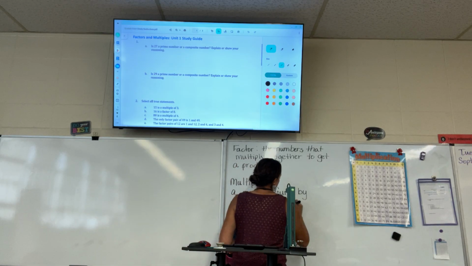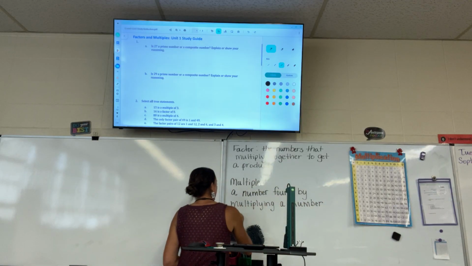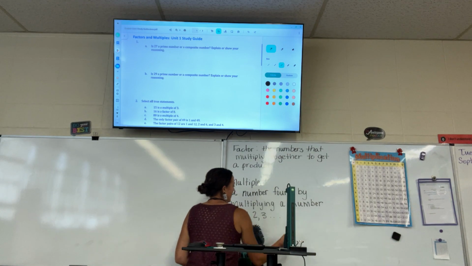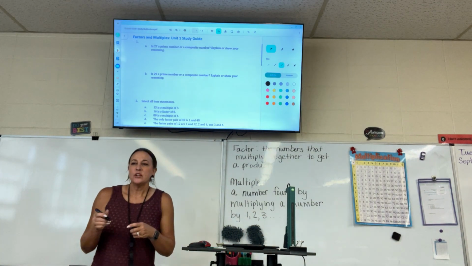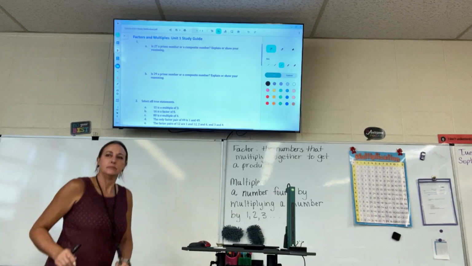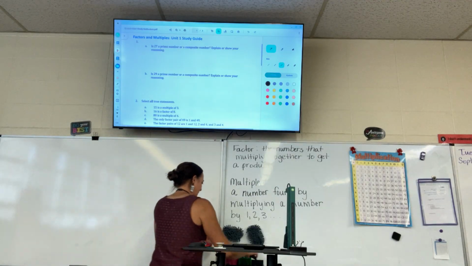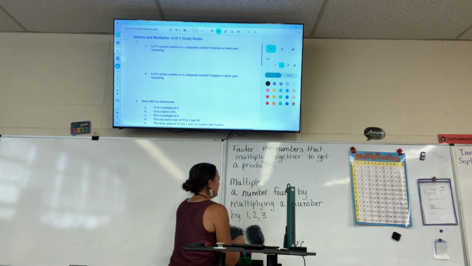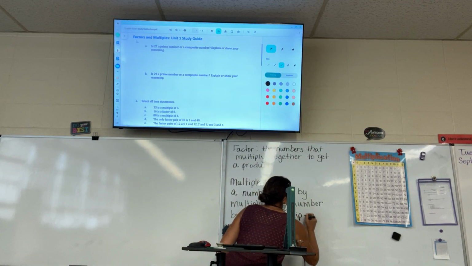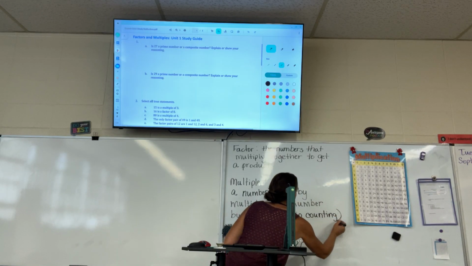What should I put in parentheses under multiple? Ansley? Yes, skip counting. Exactly. So multiples are found by skip counting. All right, good. So Ansley and Angel, you can put yourself down for a point as well.